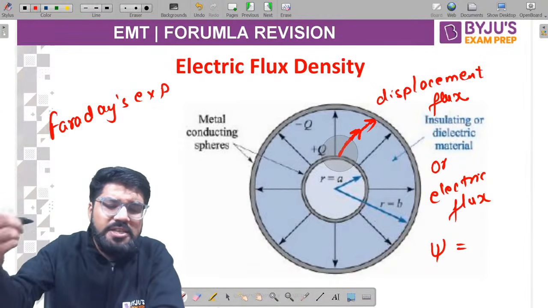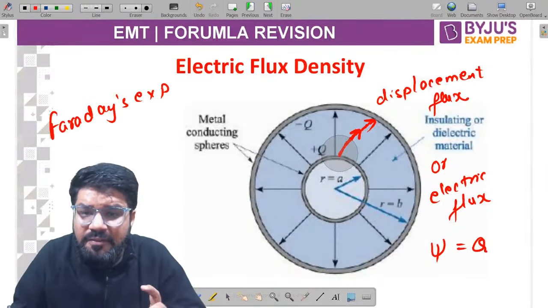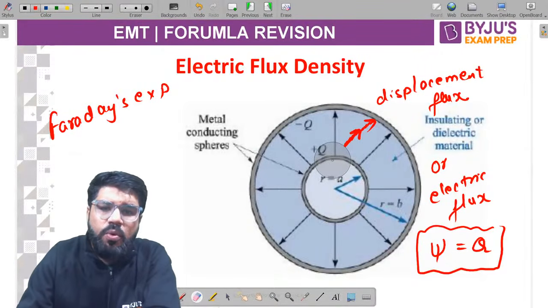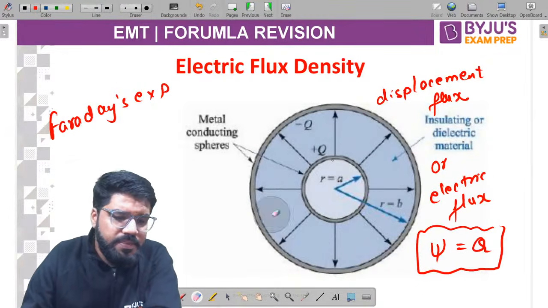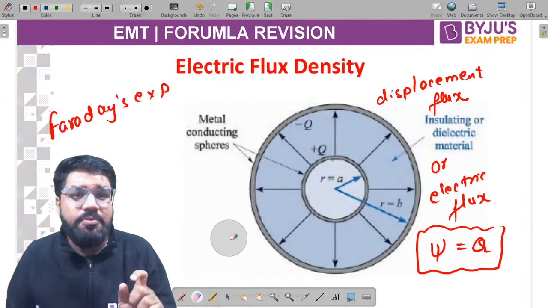How much was the displacement? The flux being measured was simply equal to Q. There came the concept of electric flux.